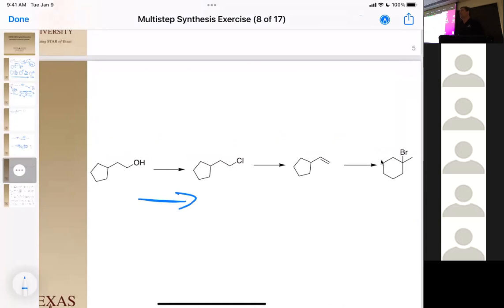Anybody? Zinc chloride with HCl, that's one. Thionyl chloride, which is SOCl2. PCl3. PCl5.